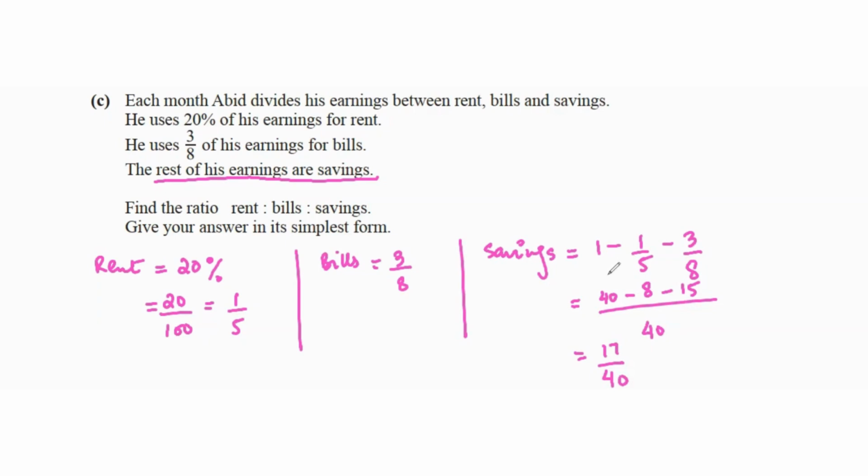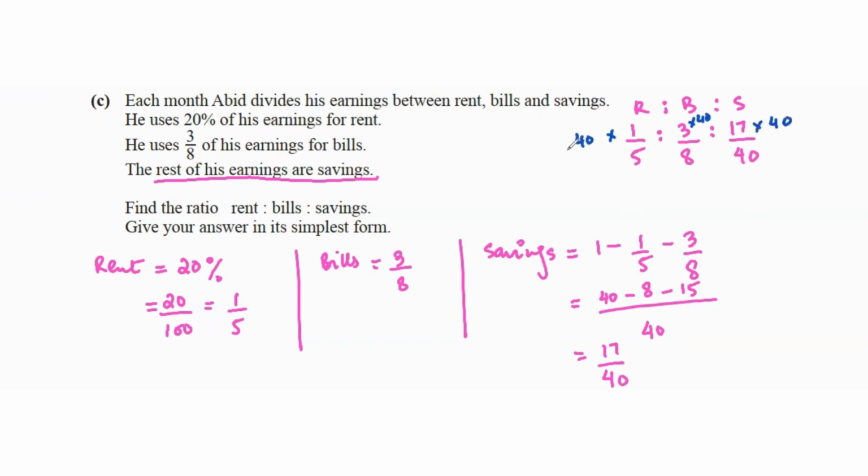Now we have all three quantities in fraction form. So if I write this as a ratio, rent, bills, savings, that's 1/5, 3/8, and 17 over 40. So now the next step is to get rid of the denominator. To get rid of the denominator and convert these fractions into whole numbers, I'm going to multiply all three by 40.